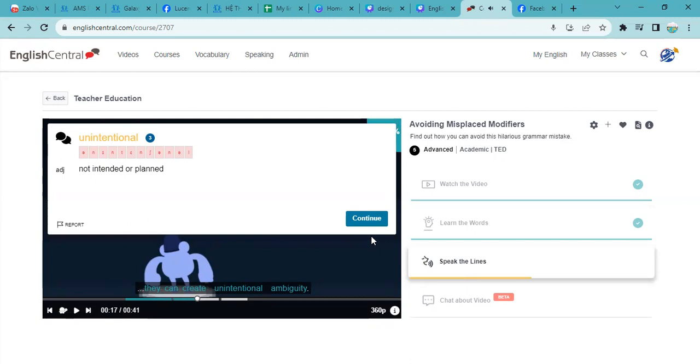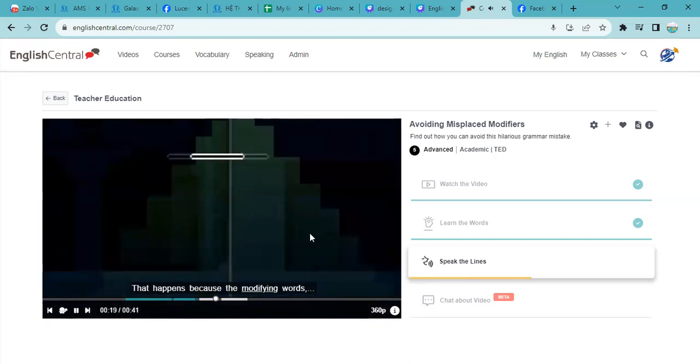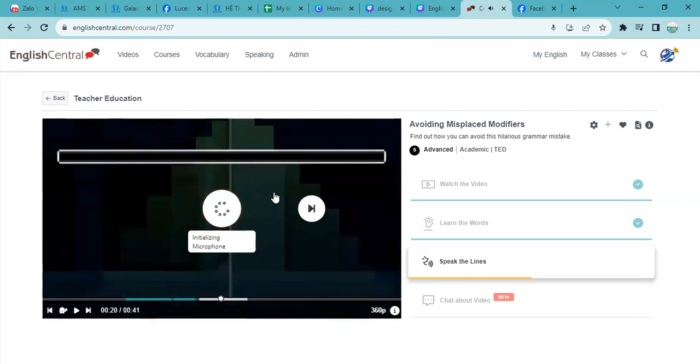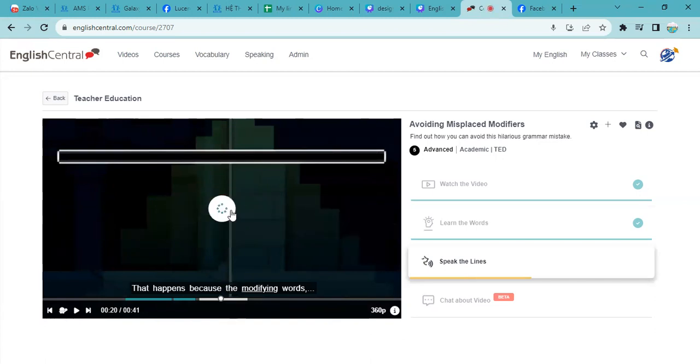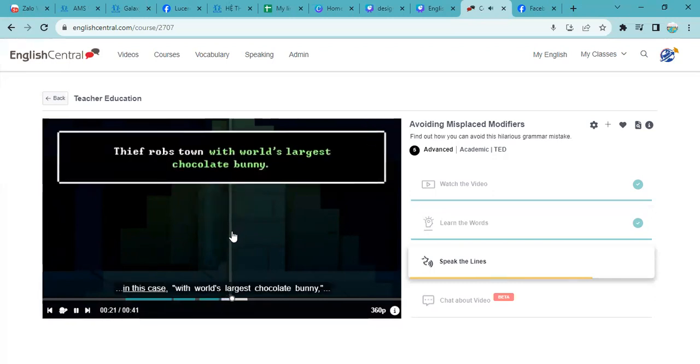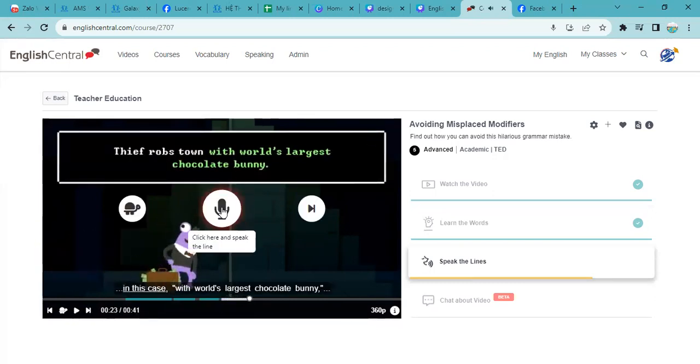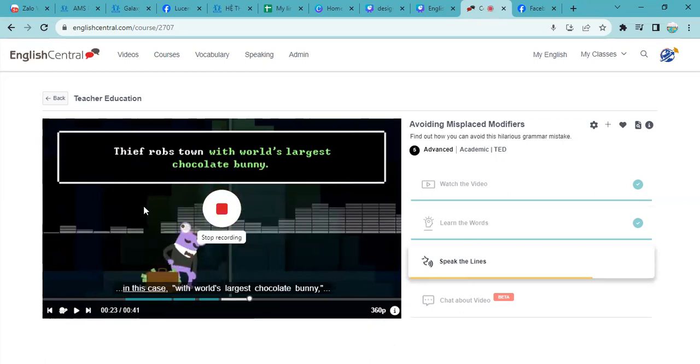Unintentional. That happens because the modifying words, that happens because the modified words, in this case, with world's largest chocolate bunny.